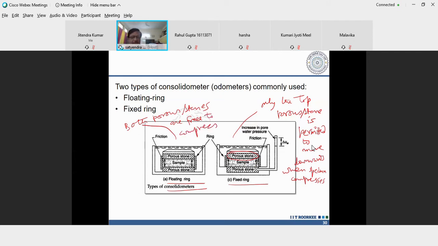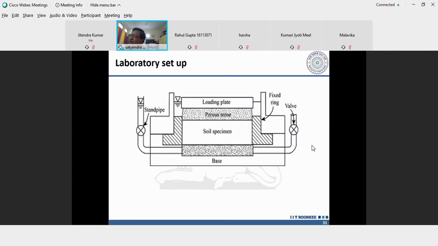So this is the basic difference between the floating ring type and the fixed ring type. This is the general setup of the consolidometer, which is available in our laboratory also.